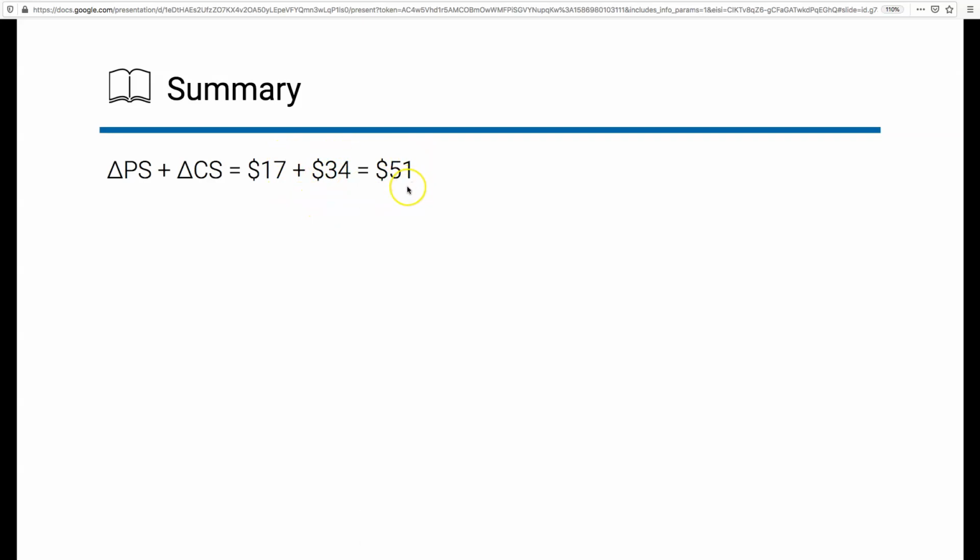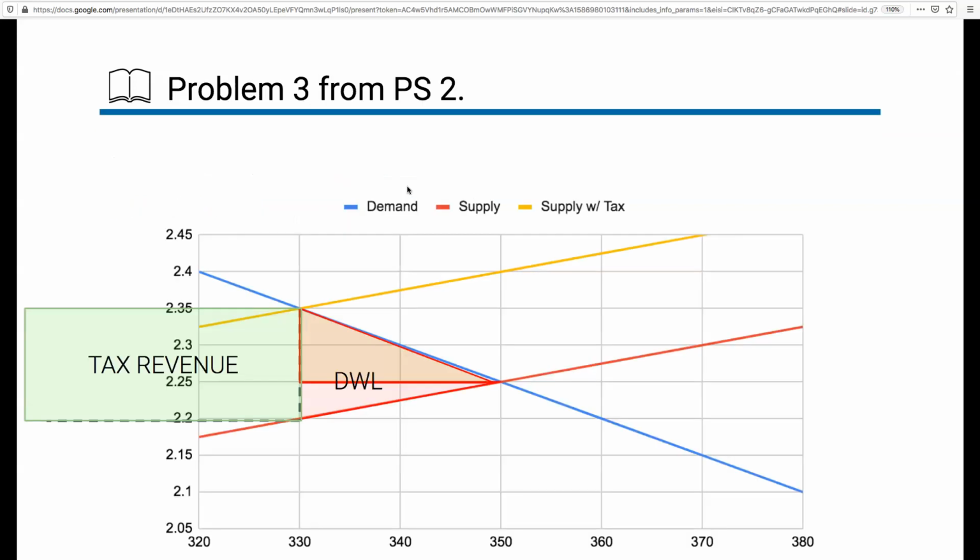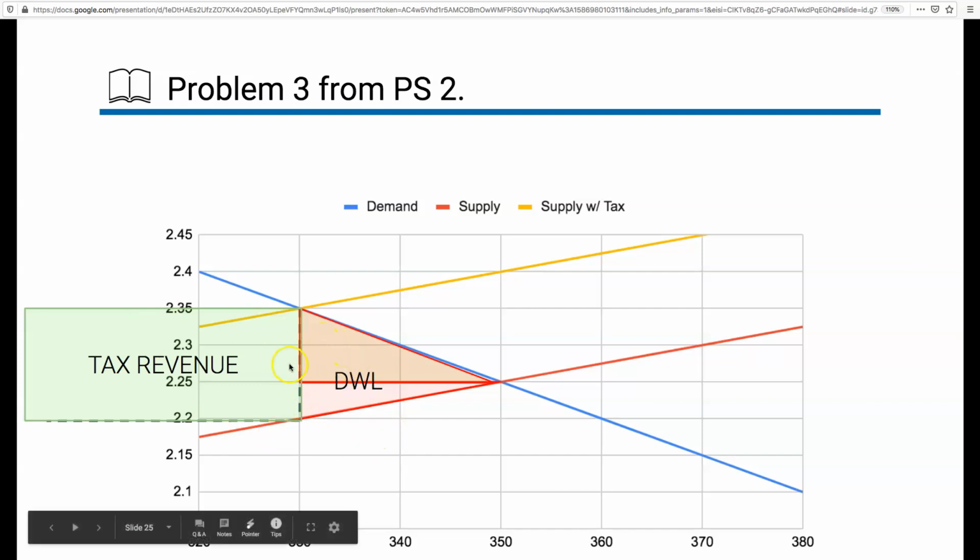And we've calculated the tax revenue and deadweight loss, and unsurprisingly, they add up to the same $51 million, because in effect, what is happening is that we're calculating the area of one and the same region twice. First by splitting it into 2 rectangles and 2 triangles, and then by splitting the very same region into 1 rectangle and 1 triangle.